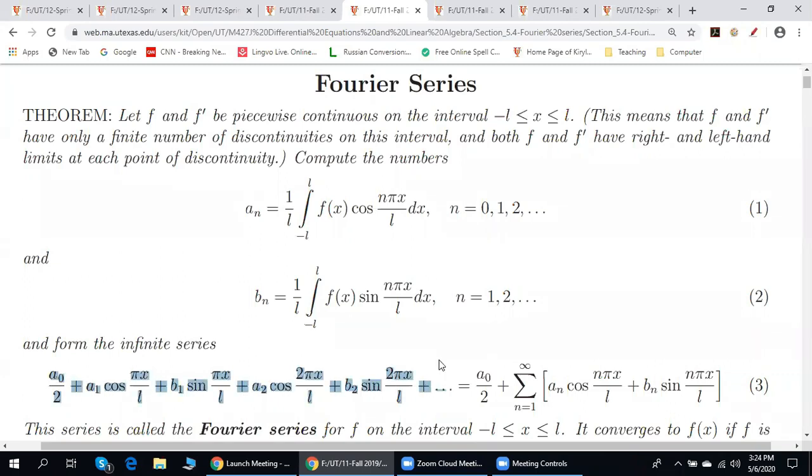Step 2, multiply both sides of this expression by cosine of n pi x over L, and then integrate both parts. You will see that almost all terms are equal to 0. If we simplify the remaining expression, we will get this. Did I answer your question? Yeah, thank you. Okay, now examples.